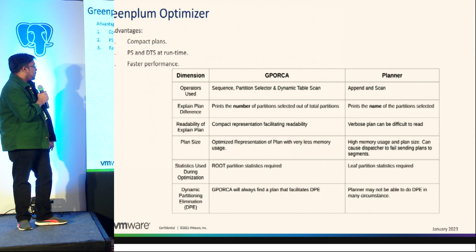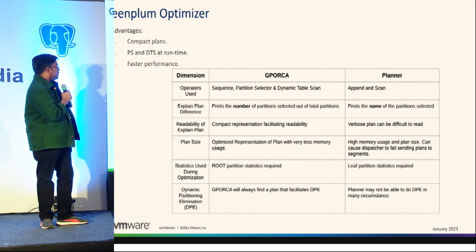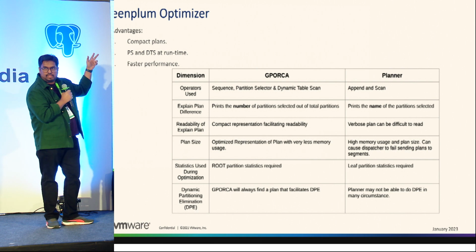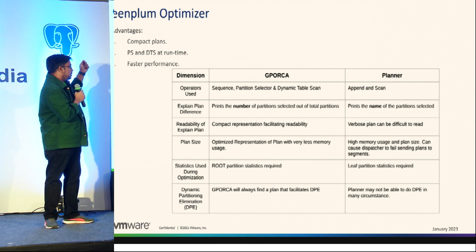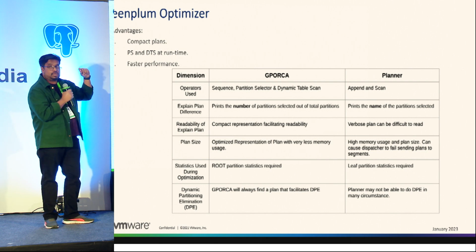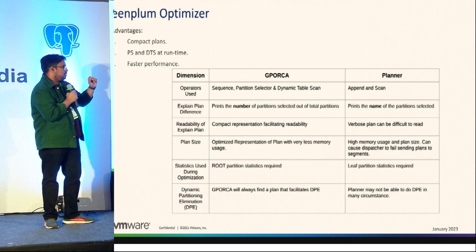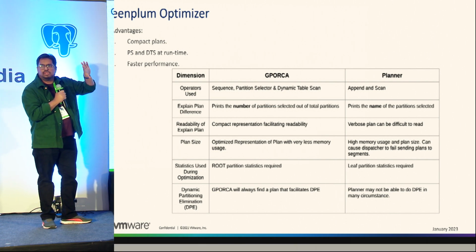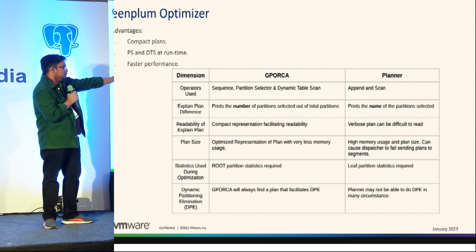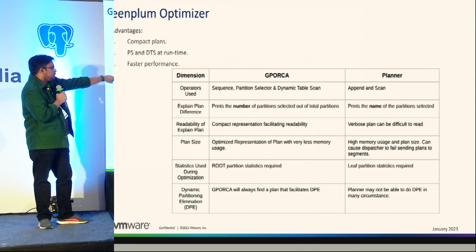No? All right, so as I said, there are some advantages here: you get compact plans, more readable. You will be able to distinguish the number of partitions that are getting eliminated more quickly. A certain limitation is that it just prints the number that's getting eliminated instead of the complete list of names. Planner does an append and a scan.